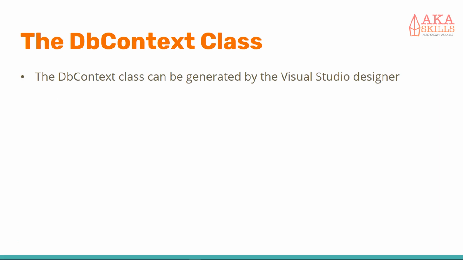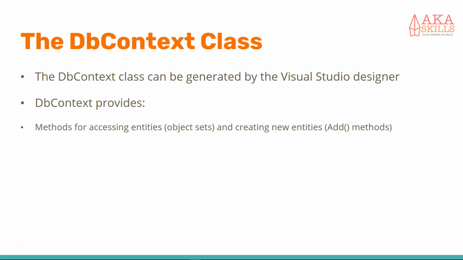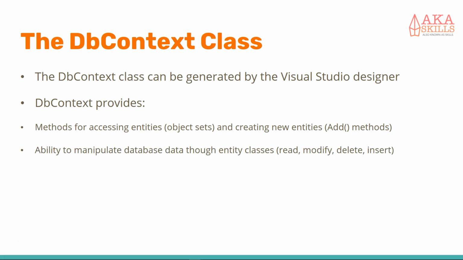So, the DB context class can be generated by Visual Studio Designer. And basically, what does our DB context provide? We have methods for accessing entities, object sets, and creating new entities, for example the Add method. We get the ability to manipulate database data through entity classes, so we can read, modify, delete, insert.